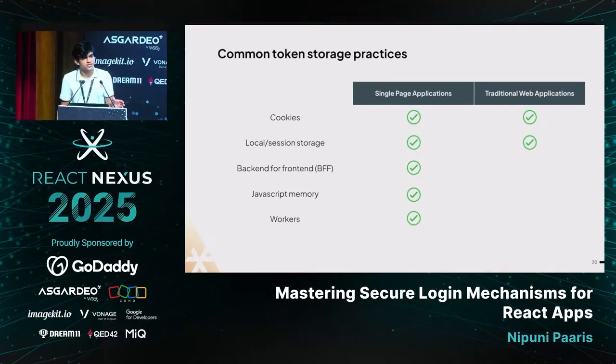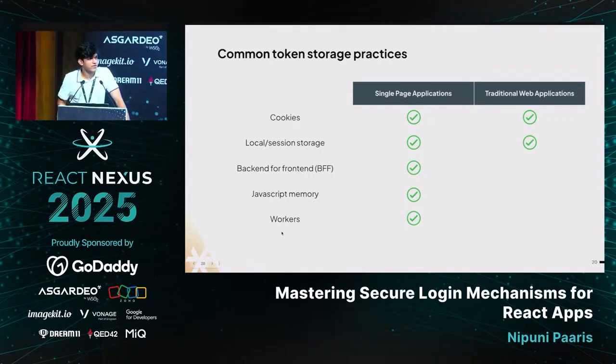If they inject a malicious script, they can have access to your token. Backend for frontend can be used. JavaScript memory also can be used, but if the app reloads, then the session is gone, right? Your memory refreshes, the state is refreshed, your session is gone. But in production, you won't have any problem, because in production we are not reloading the application.